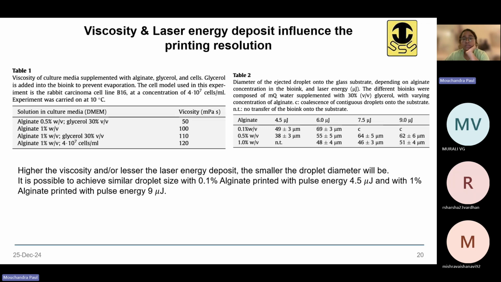And there's a common trend that if you increase the viscosity of the bioink, then the droplet that you will get is smaller for a constant laser energy. And if you increase the laser energy for a constant viscosity, then the droplet size will increase. Okay.